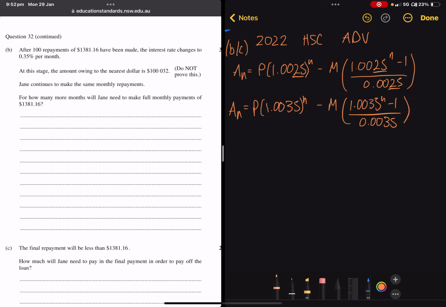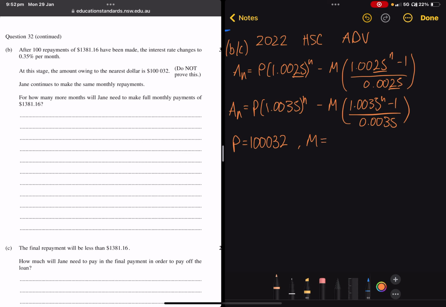We built this shorthand version of the A_N formula in part A, so we know that this works. So she's going to continue to make the same repayment. The loan that she's borrowing, the P value in this case, is essentially the $100,032.